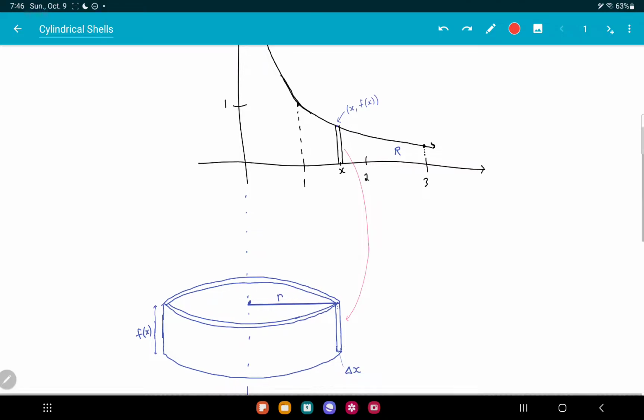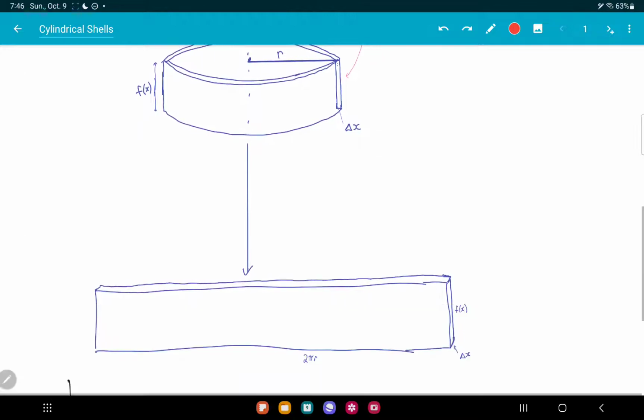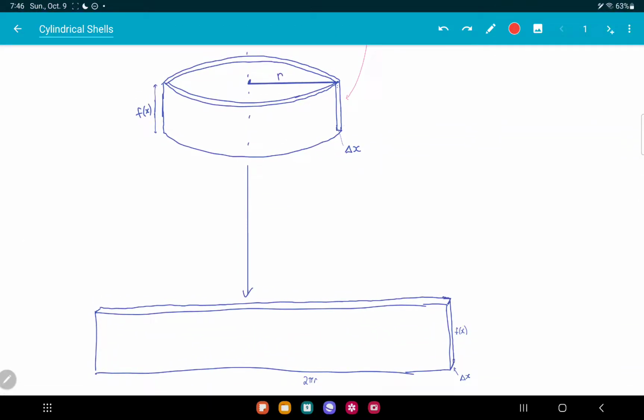So how do we do that? Well, what we're going to do is imagine we have a pair of scissors and we just cut this guy right about there. And then we unroll it. And what do we get?